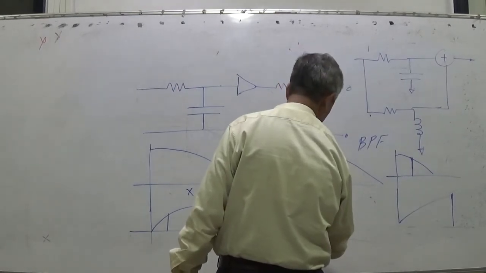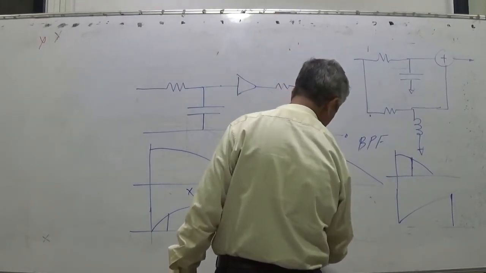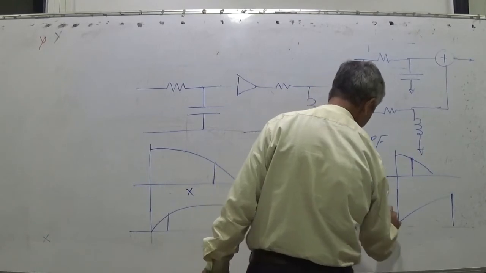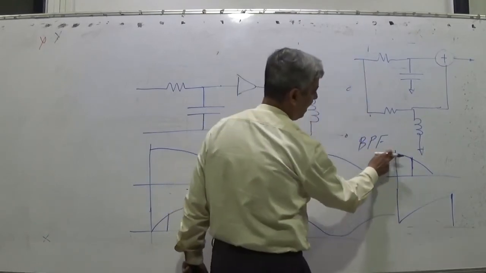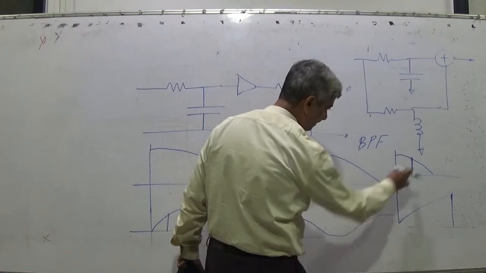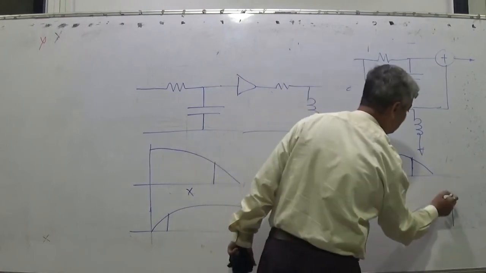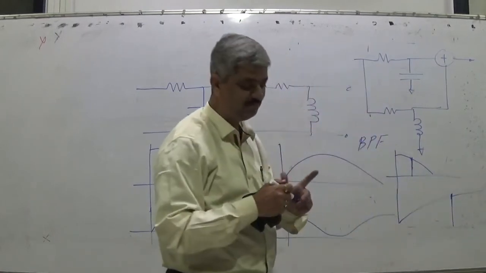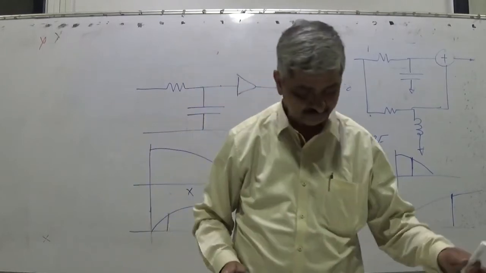What will happen is the gain will be somewhat like this: higher gain, in the middle lower gain, after that again higher gain. So this is called a band stop filter.